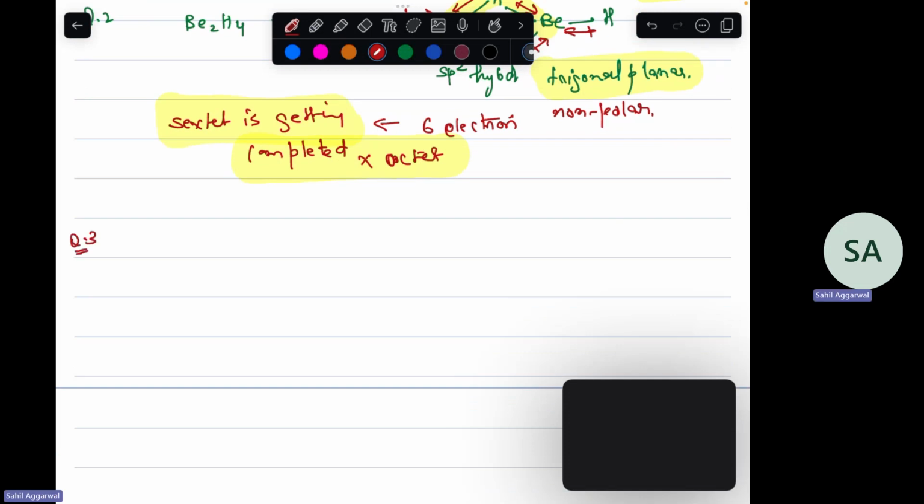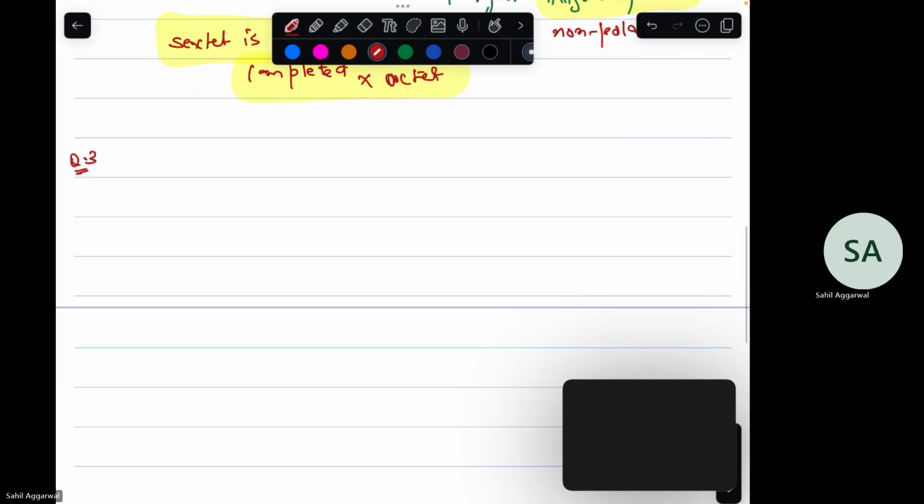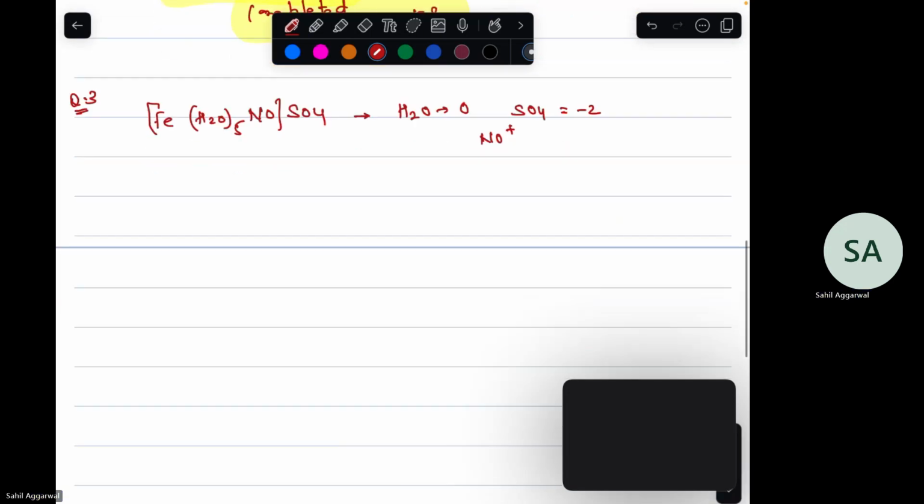Which of the following statements is incorrect for this Fe(H2O)5NO sulfate? Here water is a neutral ligand, sulfate has -2 charge, and NO is +1.